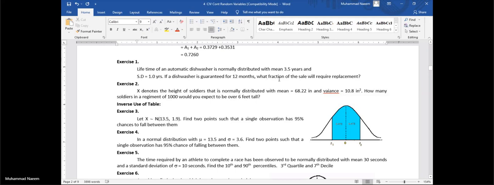Only those dishwashers will be replaced if they are under the warranty period.